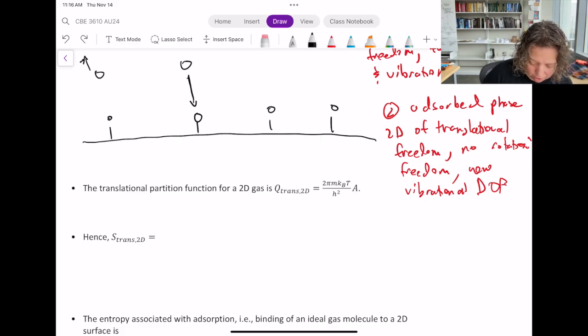Okay, so we know from the last lecture that we can use this partition function to estimate the entropy. That's going to be the Boltzmann constant times the natural log of the partition function.